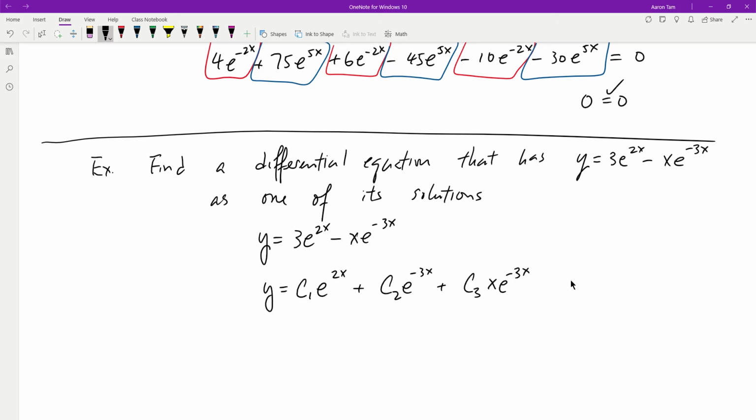In this case, this solution means that we have C1 equal to 3, C2 equal to 0, and C3 equal to negative 1. Notice that even though it doesn't have this term, it doesn't mean that it doesn't exist in the general form. And as I always said, it could also have a whole bunch of other terms which have all the coefficients equal to 0 also. But we're not going to know what they are, so we can't account for them.